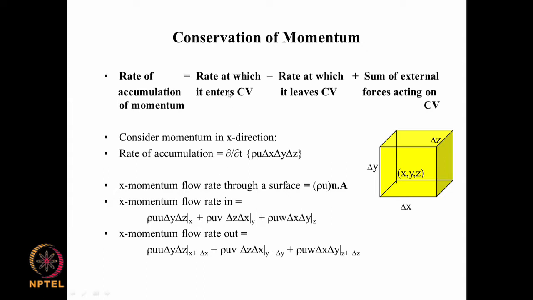Now the rate at which linear momentum enters is equal to the rate at which the fluid particles are coming in times the velocity that they possess in the x direction. So this flow in, flow out is happening because fluid particles are coming in, and those fluid particles have a certain property of linear momentum in the x direction.